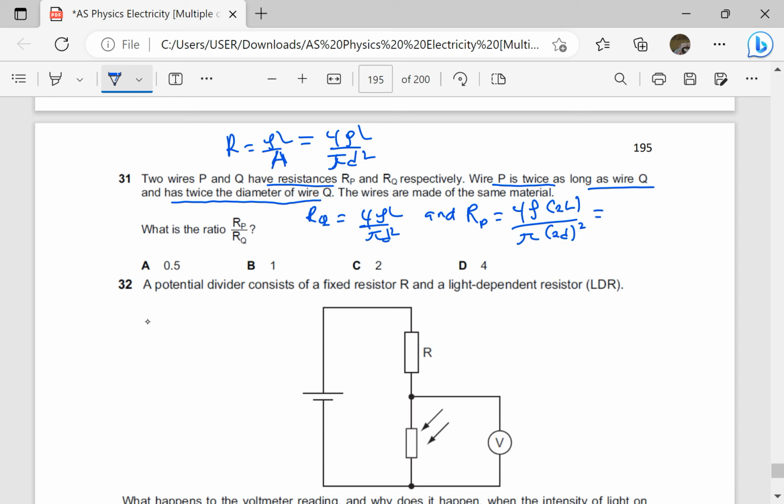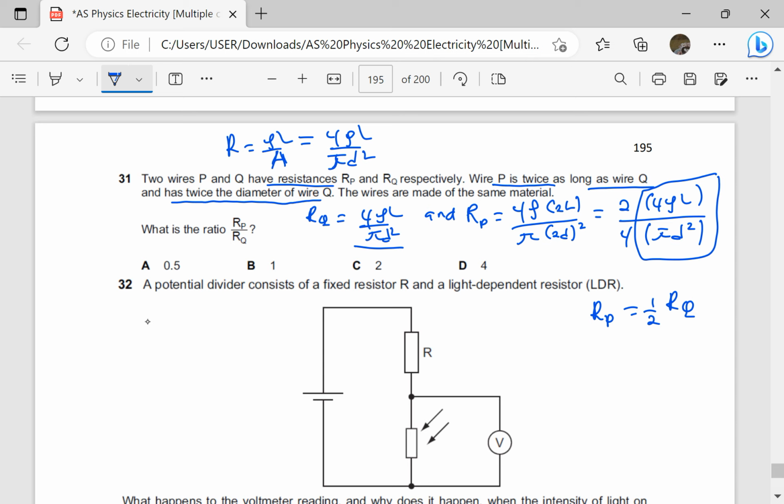So when I factor out, I have twice into 4 rho L divided by, when I square 2d, I get 4d squared, so I pull out 4 and I remain with pi d squared. You will notice that this quantity is the same as that for Rq. So Rp is equal to 2 over 4, that is a half Rq.